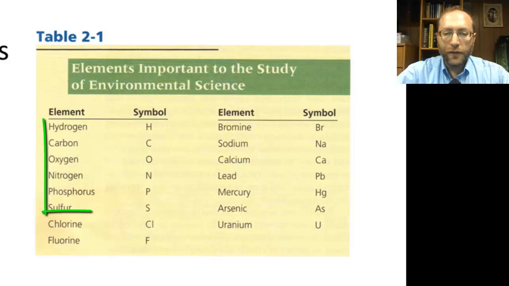The first several on the list are the ones that are important to life, particularly hydrogen, carbon, oxygen, and nitrogen, and I guess phosphorus too, and sulfur. In this unit, we're going to be looking at several of these elements cycling. Other ones like uranium, we'll be looking at in terms of nuclear power.